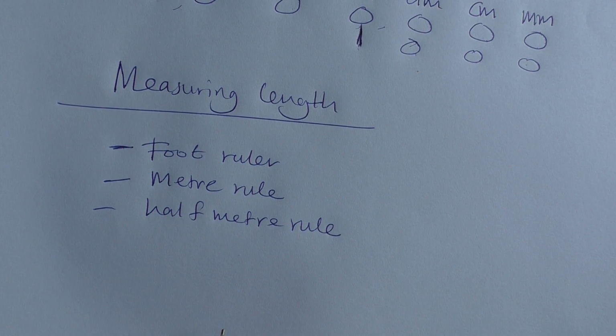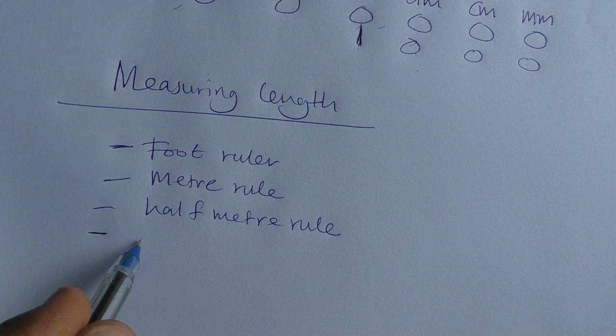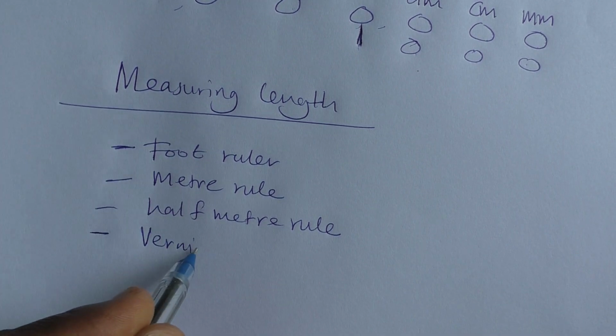Then, for the small distances, for instance, they can ask for the diameter of a test tube. For such small distances, we use the vernier caliper.